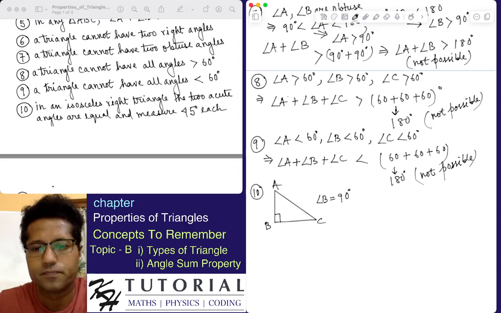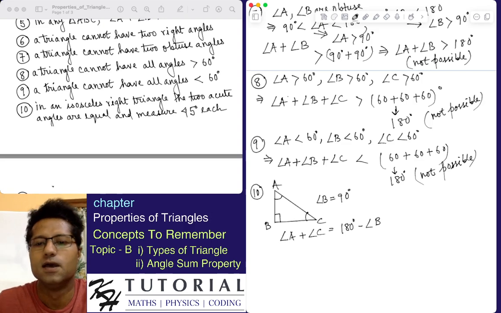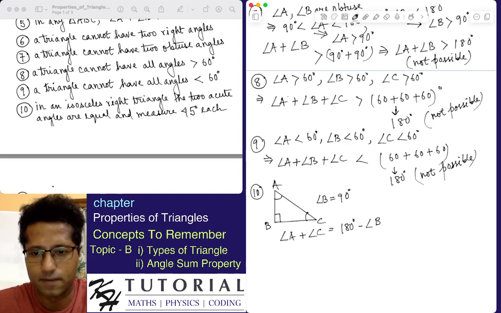So definitely we have angle A plus angle C equal to 180 degrees minus angle B. Why? Because we know that angle A plus angle B plus angle C is 180 degrees. So angle A plus angle C will be 180 degrees minus angle B, and we assumed angle B to be 90 degrees.